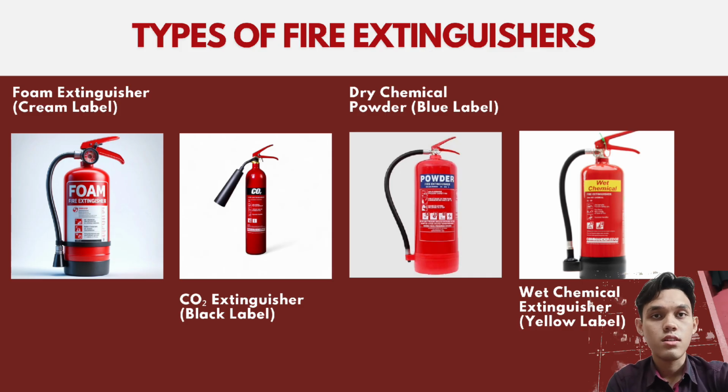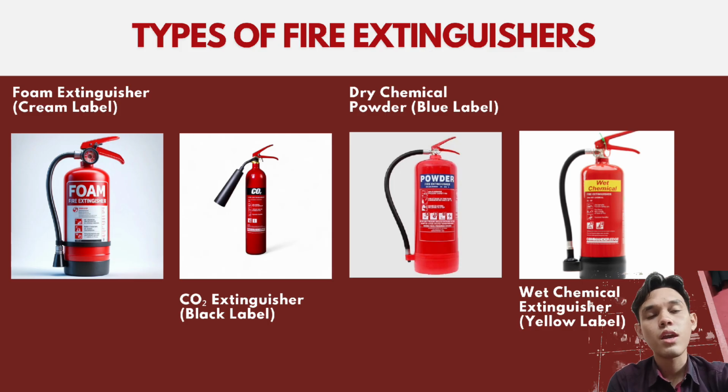Next, dry chemical powder. This is the most versatile extinguisher. It can handle Class A, B, and C fires. It interrupts the chemical reaction inside the fire. You'll find this type almost everywhere in workplaces or factories.